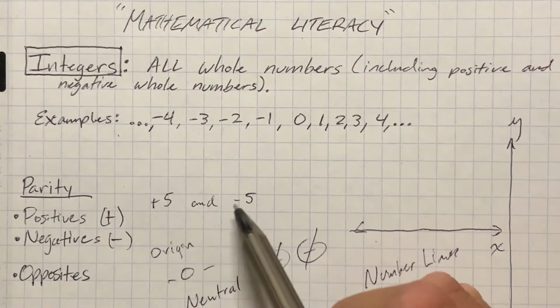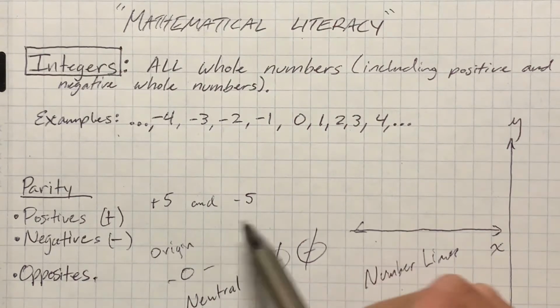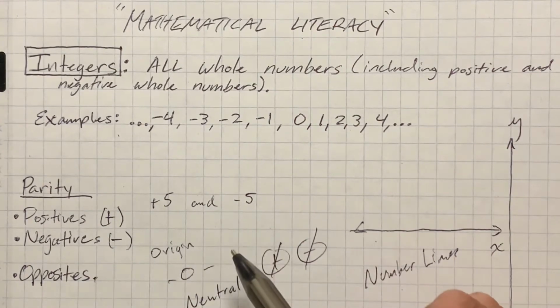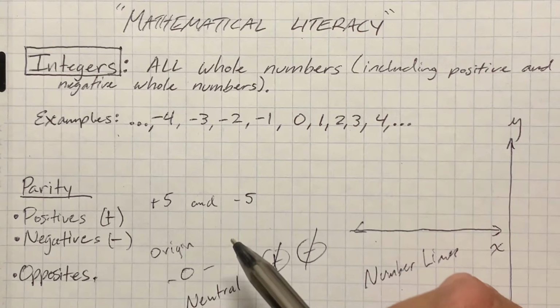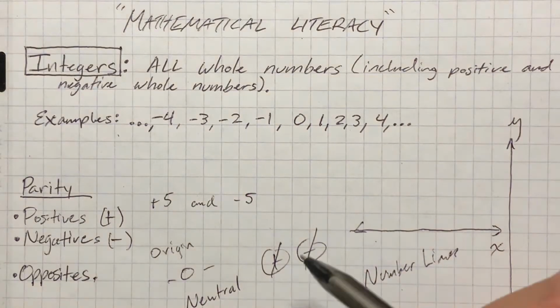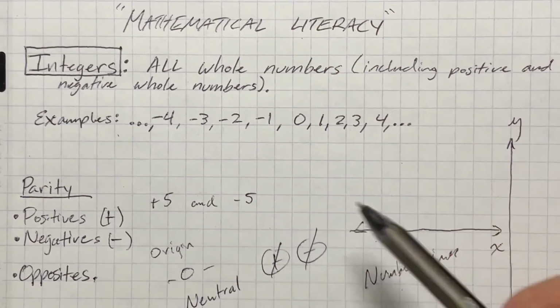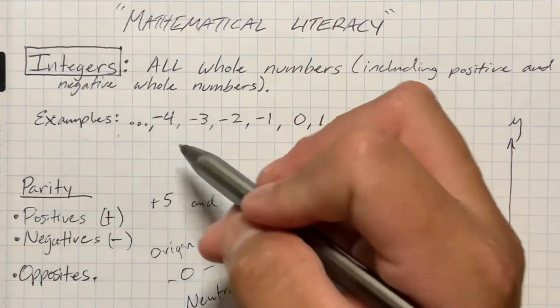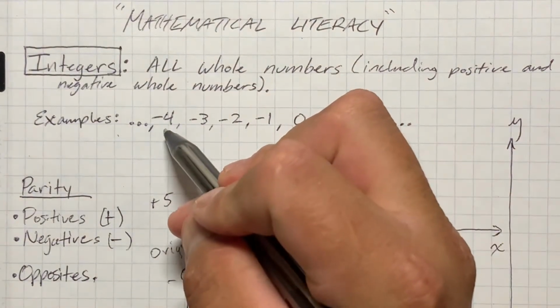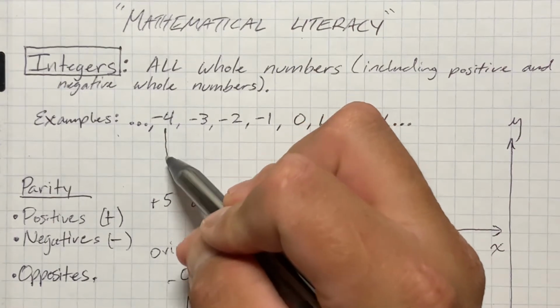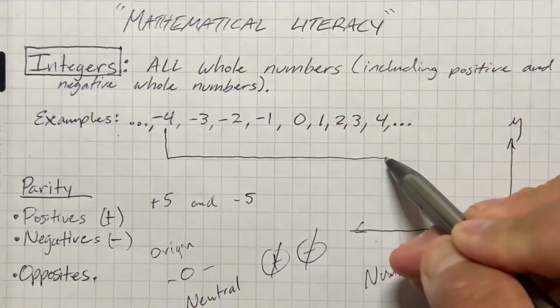Positive 5 and negative 5 are opposite of each other. And just remember that they are both the same number of spaces, or the same distance, from zero on a number line, but on opposite sides. For example, if we have negative 4, the opposite of negative 4 is positive 4.